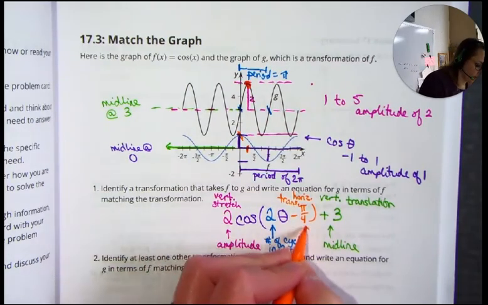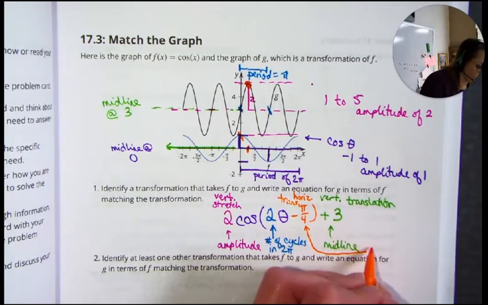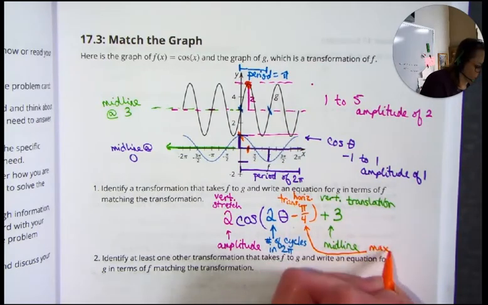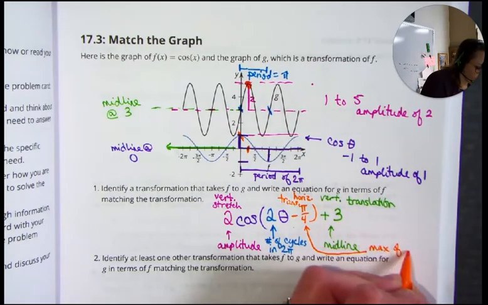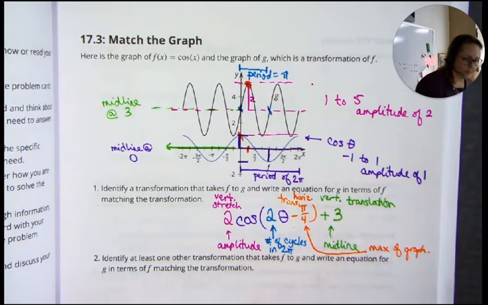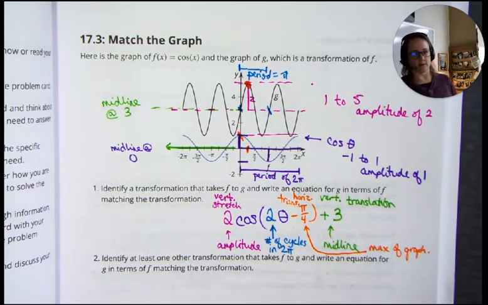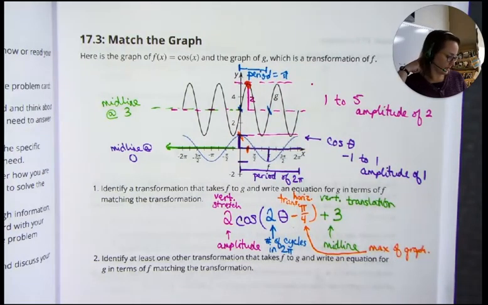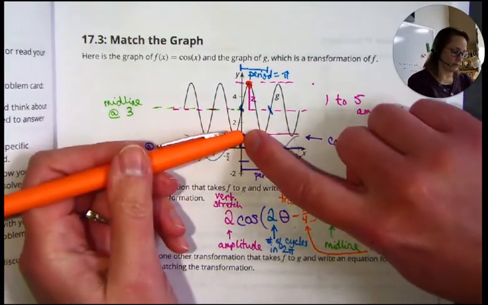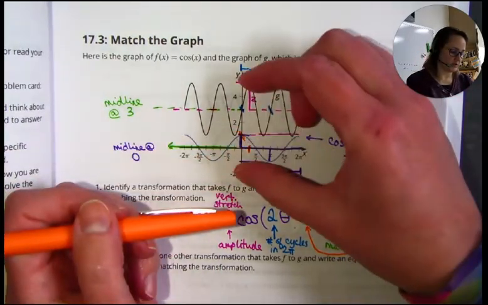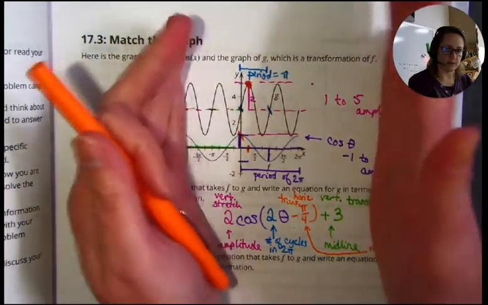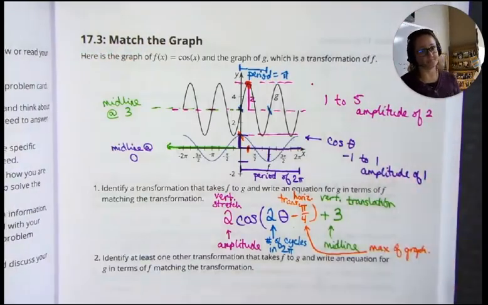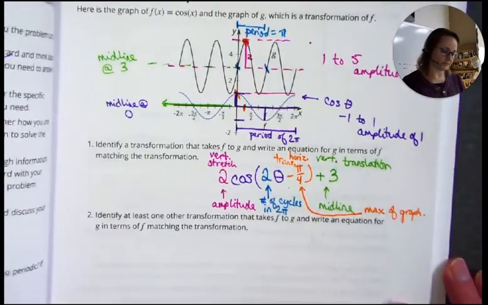And we found that by thinking about where a maximum was happening. We could also think about that starting point of where it was going. So we pushed that maximum point to the right, we stretched it taller, we slid it up, and then we crunched it together. Lots of things going on here.